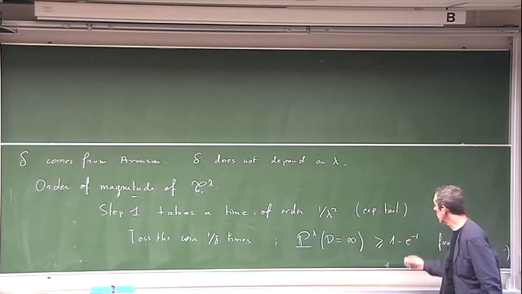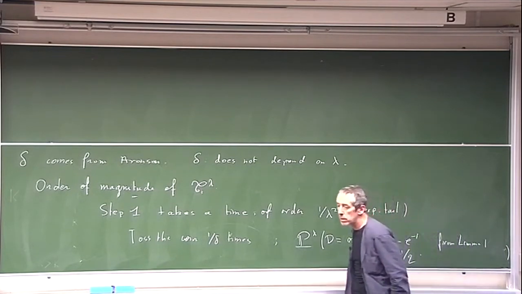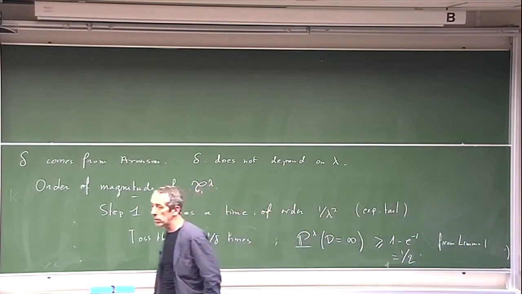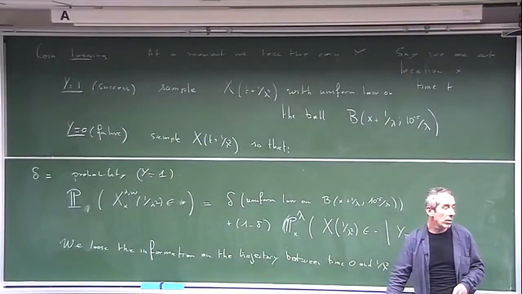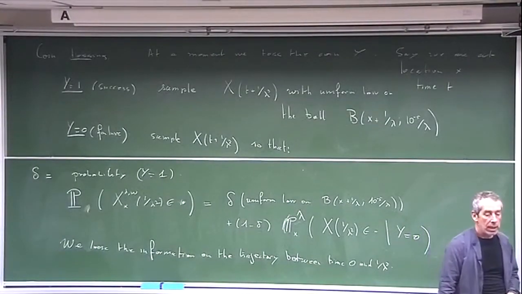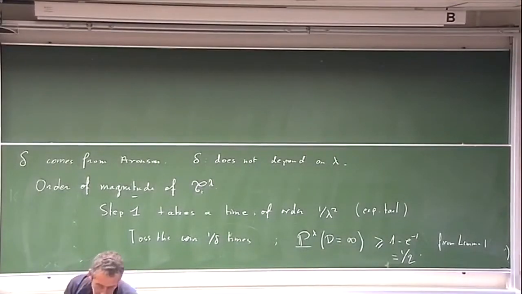Now you can adjust a little bit and decide that this is 1/2, for instance. Instead of 1 over lambda, you choose some other constant. You can fix things. This is just to have light enough notation.